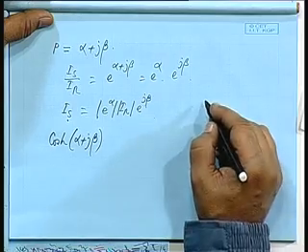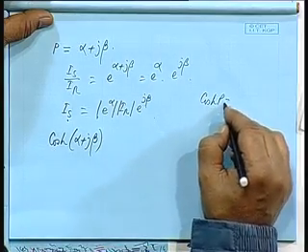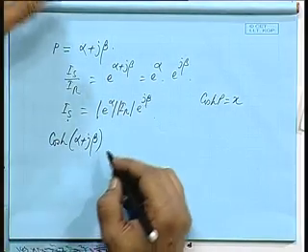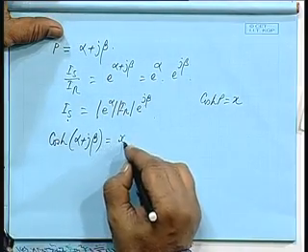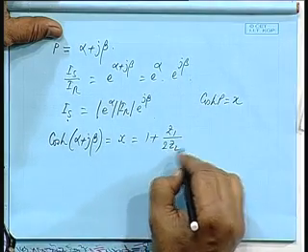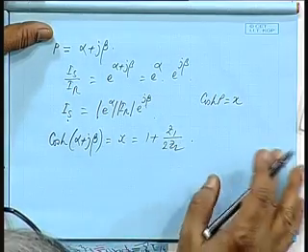We have seen cos P is equal to x, and that was 1 plus Z1 by twice Z2. Now, our filter design starts from this point onward.